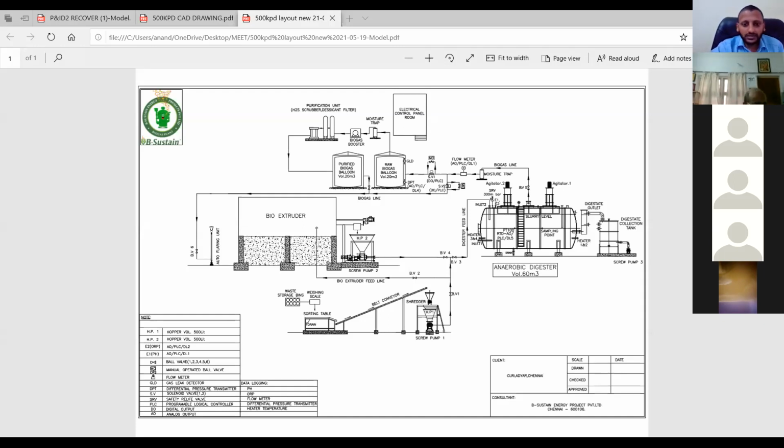We have portable gas analyzers to measure the biogas composition. Methane in the biogas is around 56%, carbon dioxide around 31%, and hydrogen sulfide around 4,200 ppm.